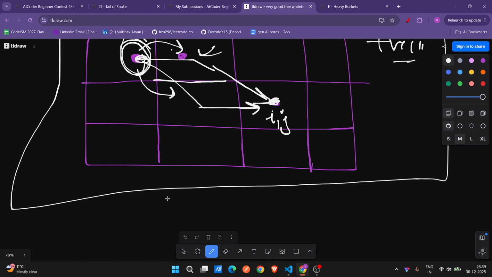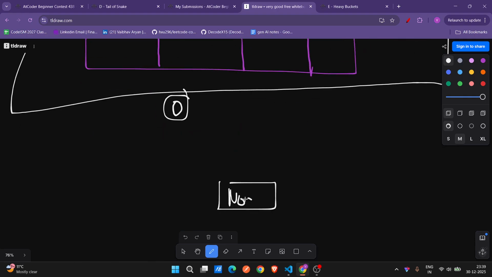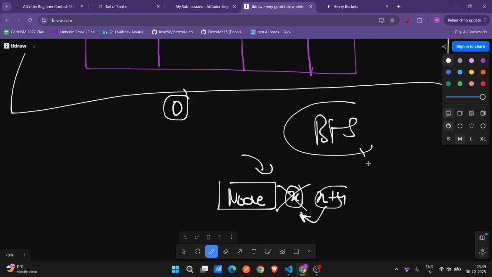Relax means suppose you have a node with some value x, but in BFS you find that you can also reach this node with x plus y. So definitely you will make this node x plus y, and using BFS like this is standardly known as Dijkstra.